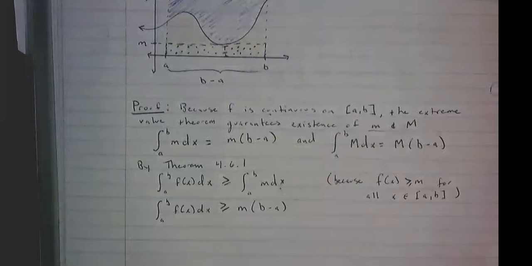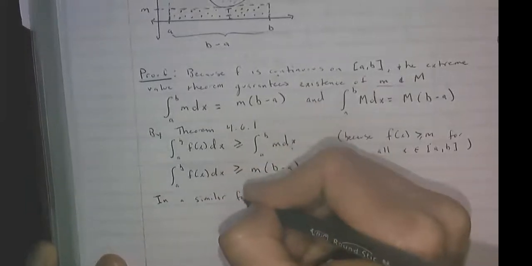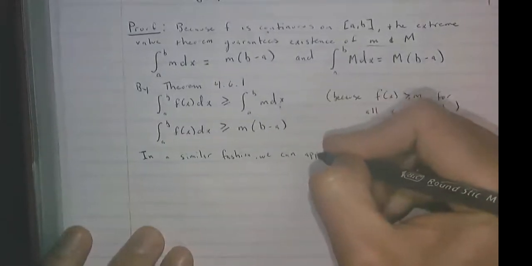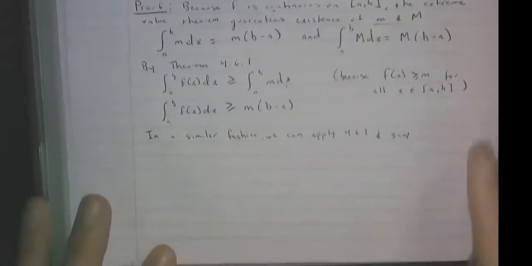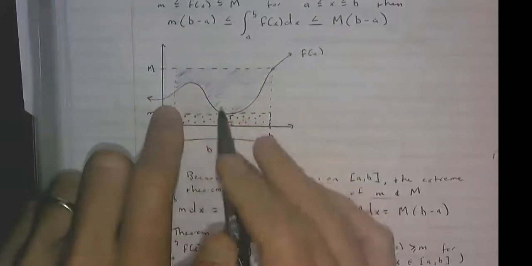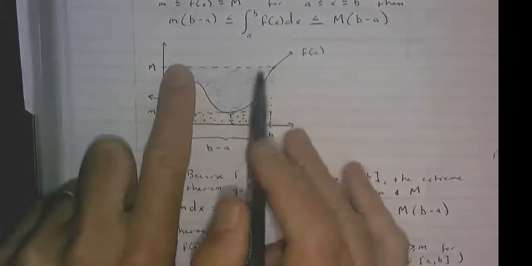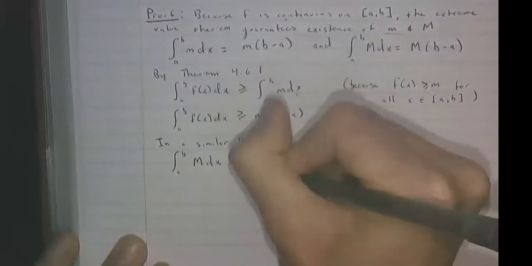And then we can do the same thing with the maximum. So in a similar fashion, we can apply 4.6.1 and say that because the function big M, this horizontal line, is bigger than f on that entire interval, because it's defined that way, it's the absolute maximum value, the definite integral from a to b of big M is guaranteed to be bigger than or equal to the definite integral of f.